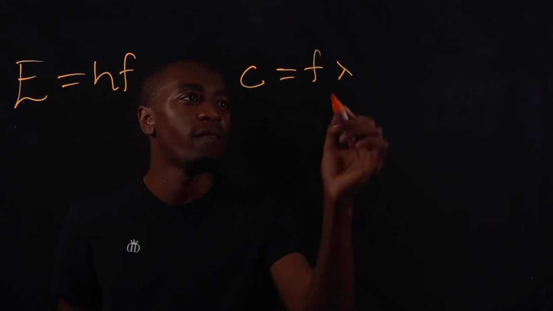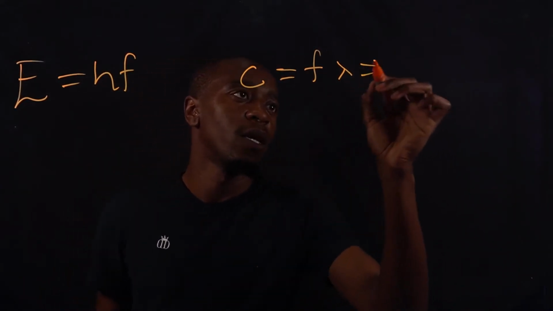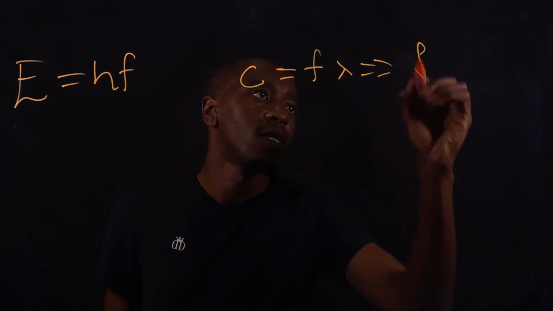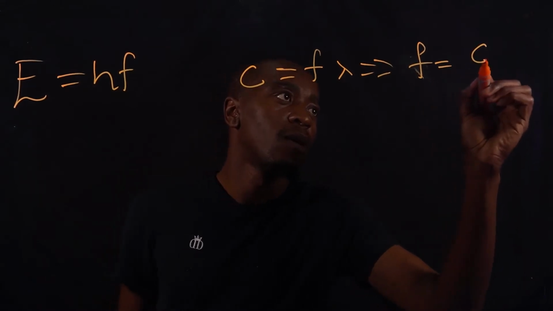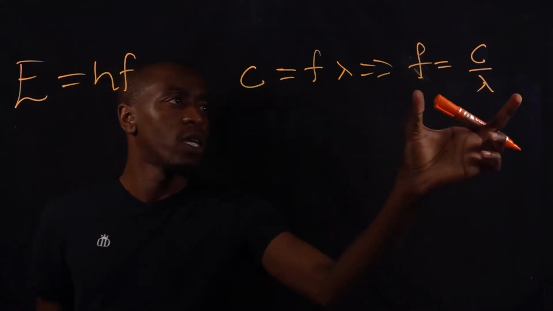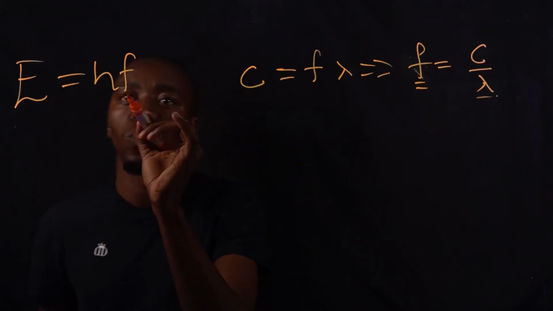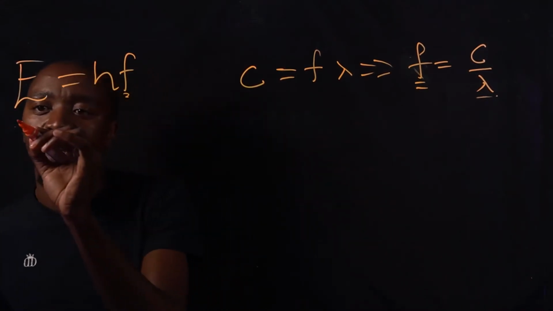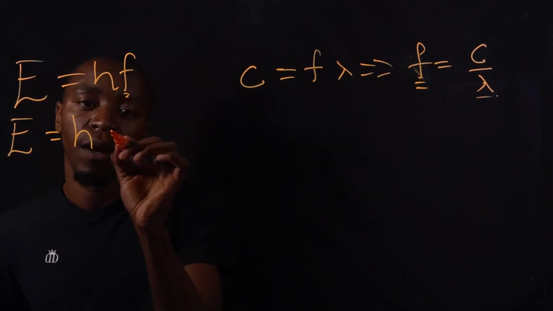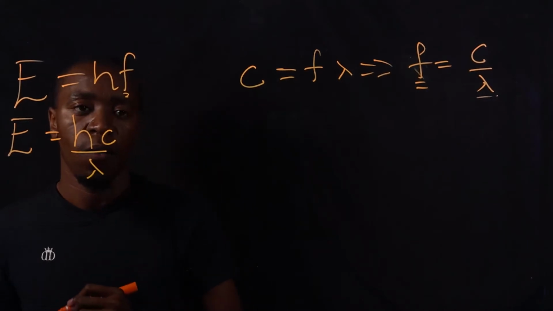If we are given a wavelength instead of a frequency, we say frequency is equal to c over lambda, that is speed of light over wavelength. We can substitute it where we see frequency. That means E will be equal to Planck's constant multiplied by speed of light all over wavelength.